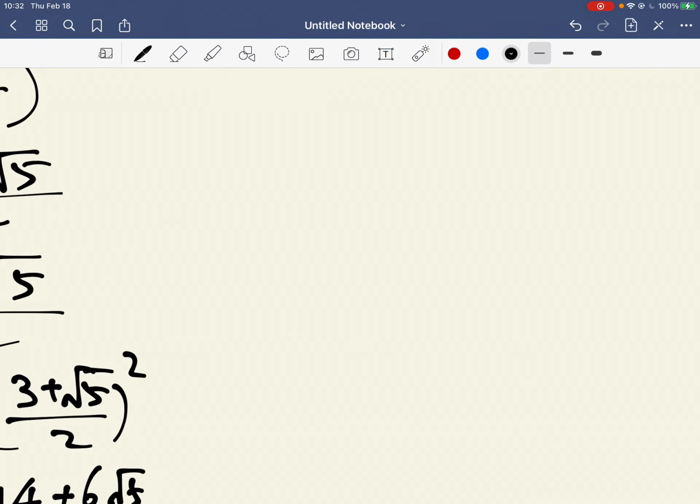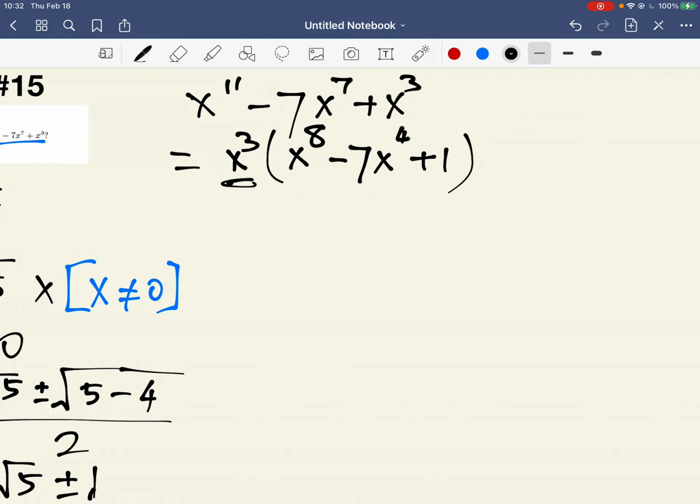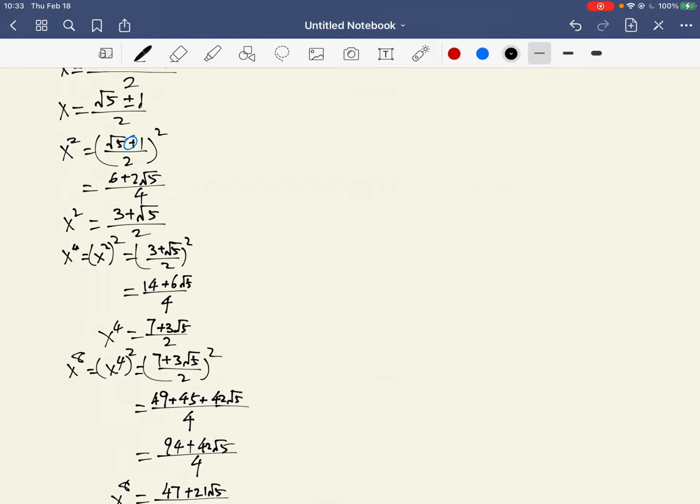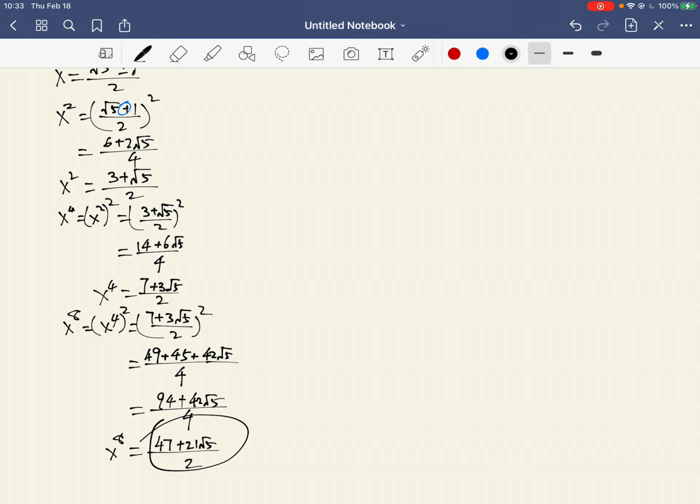So let's get the thing inside the parentheses down. We still do not know x cubed, and if needed, we'll calculate that later. We know x to the 8th is this value, and I will just copy and paste that.